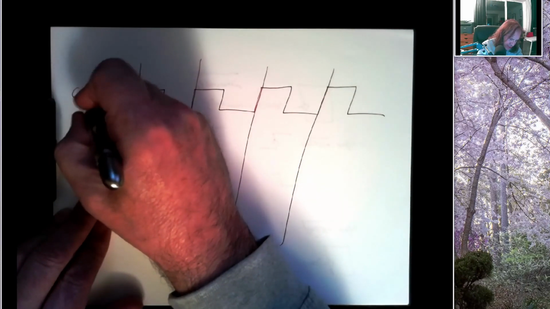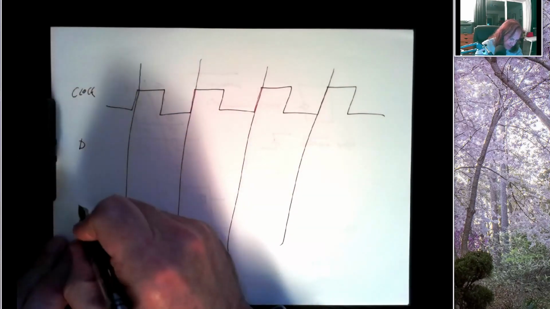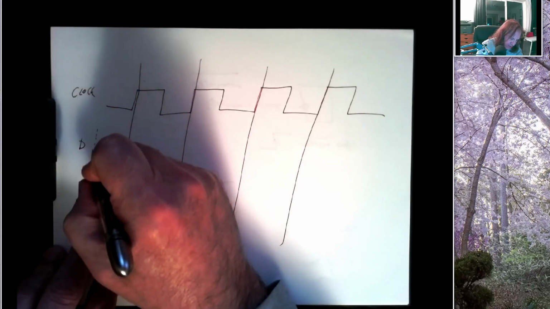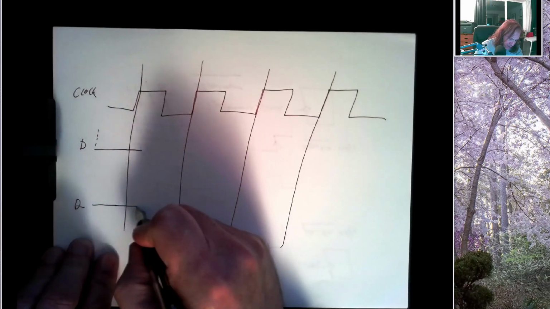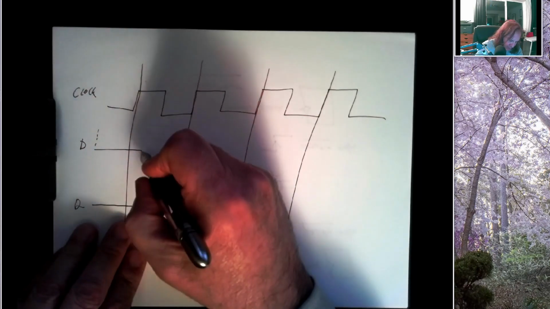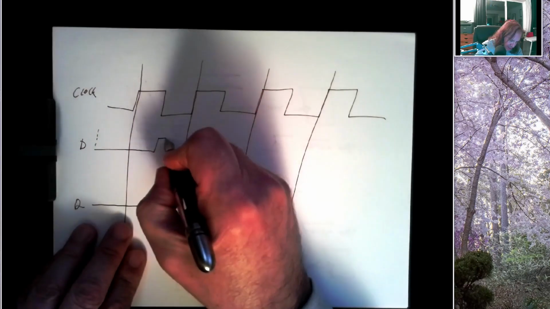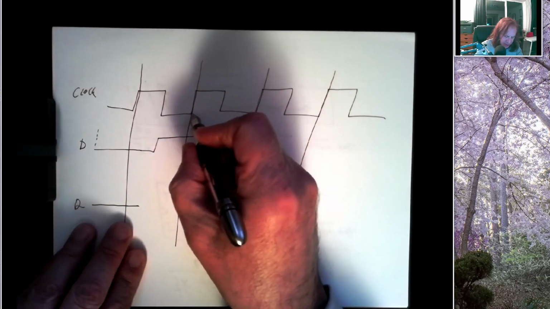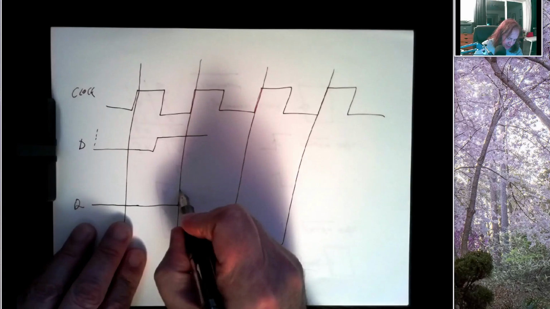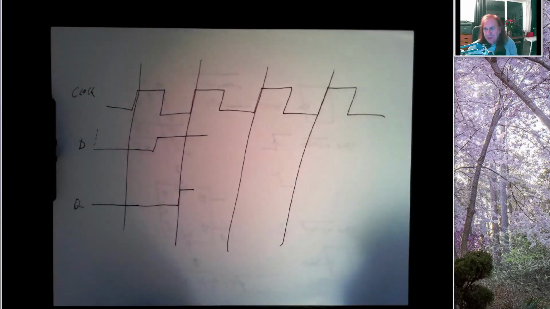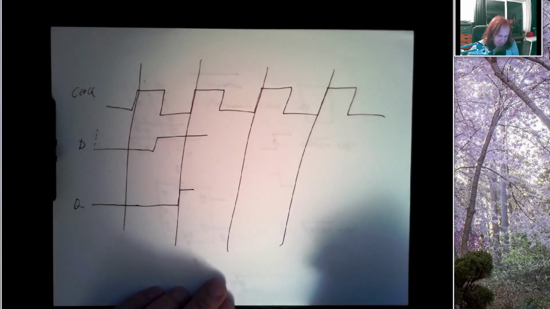So here's the clock, here's D, here's Q. So suppose D is low. So at this point, Q is going to be low. And suppose we raise D, and so on this positive going clock edge, D is high, Q is going to go high. Okay, we know that from our table.